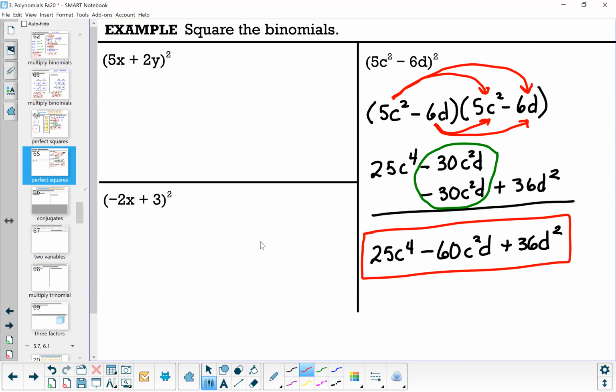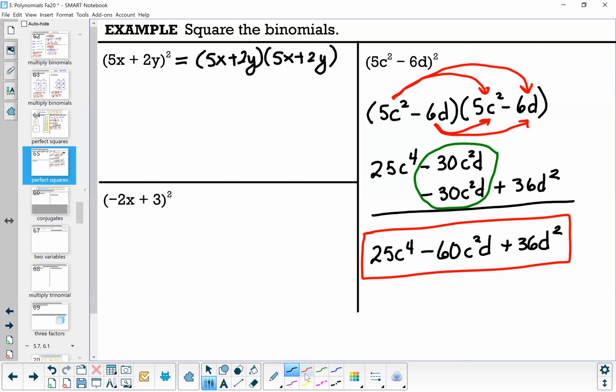All right, so this first one here, you have parentheses 5x plus 2y, close parentheses, squared. So depending on the method that you multiply, you can either FOIL, distribute, or use the box method here. But everybody should be expanding this to write 5x plus 2y in parentheses times 5x plus 2y, okay?